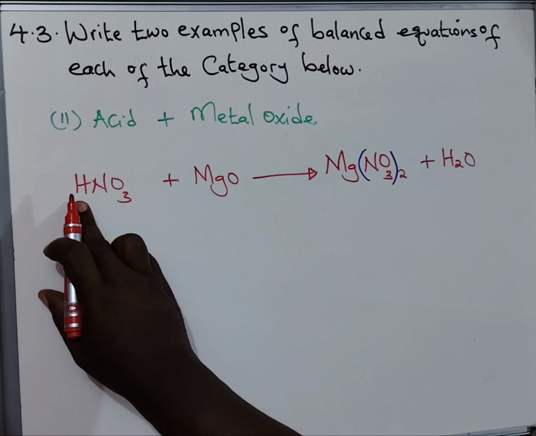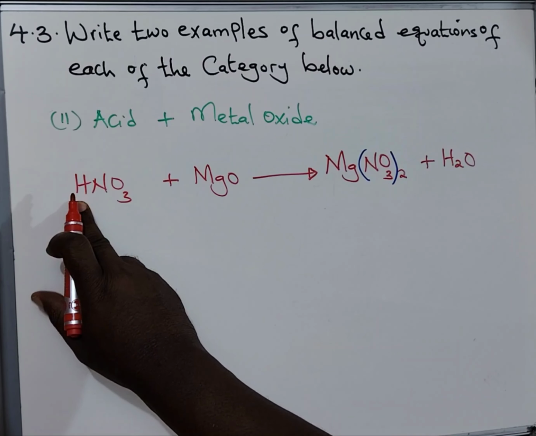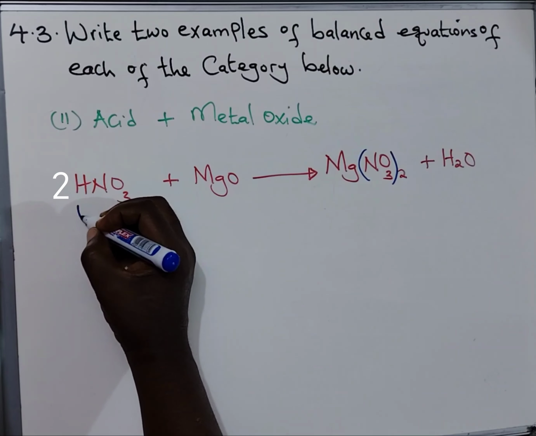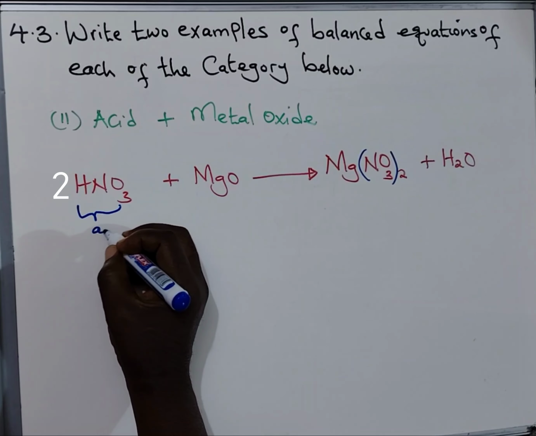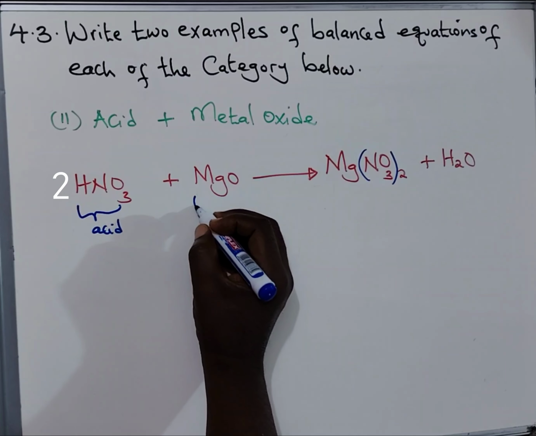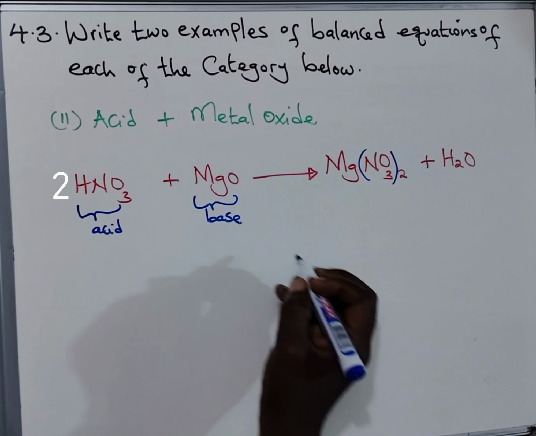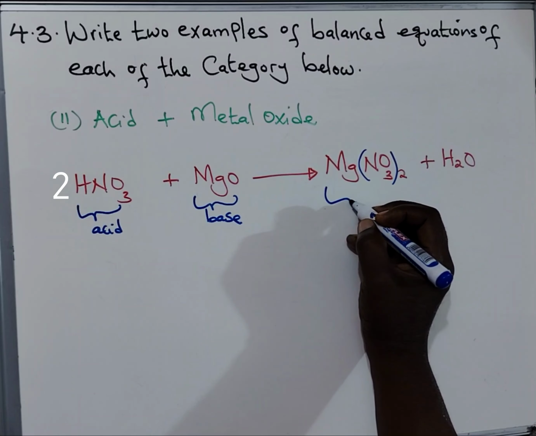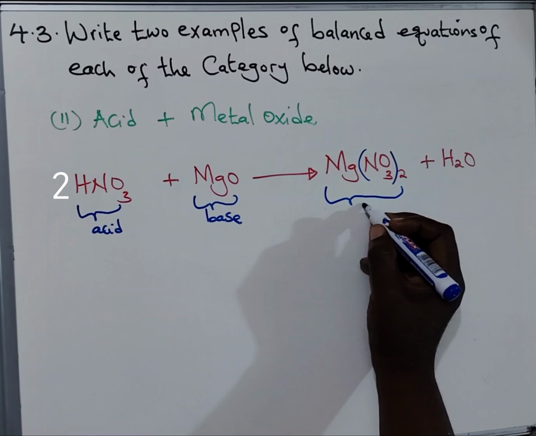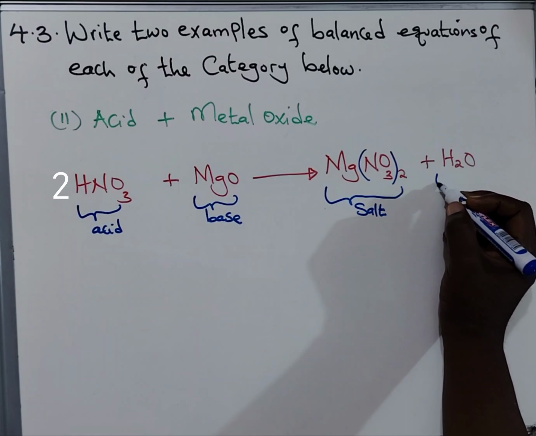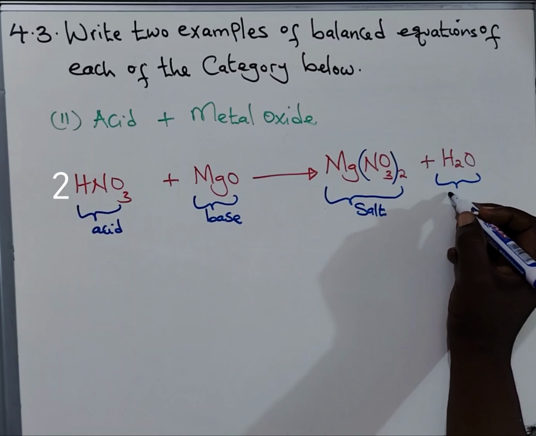This oxygen attacked that H to give you water. So with that, we know that this is the acid, this is the base, this one is the salt, and this one is water.